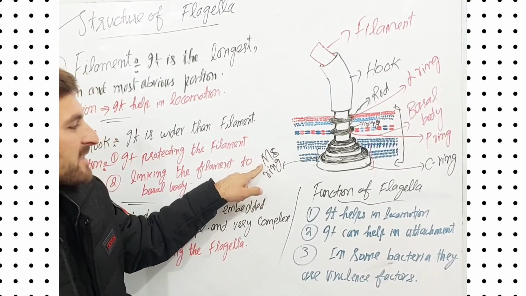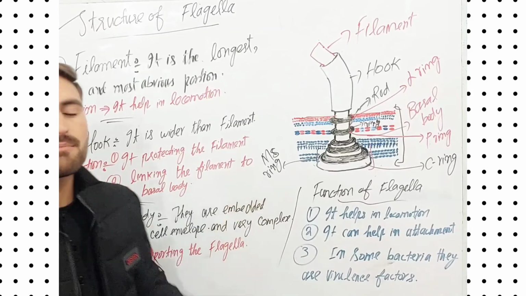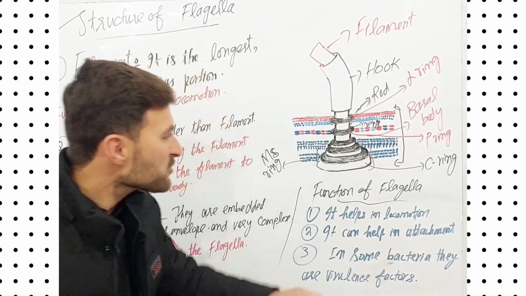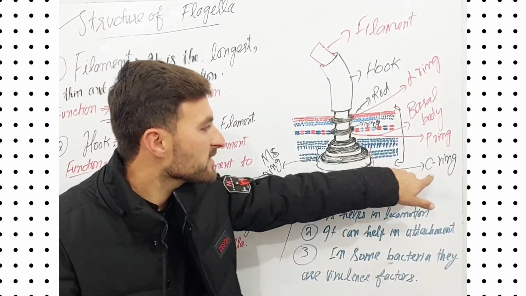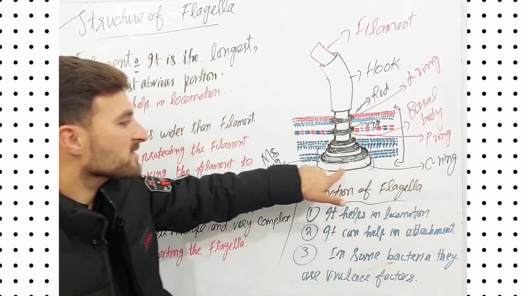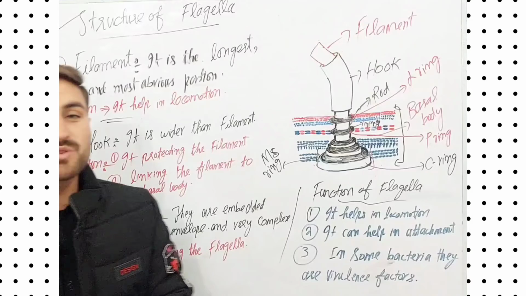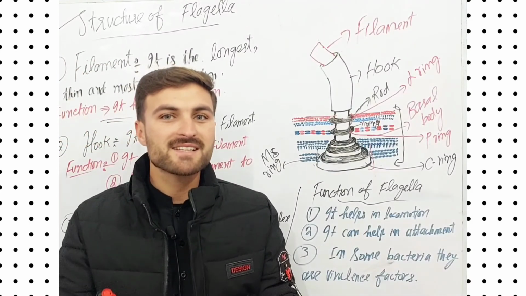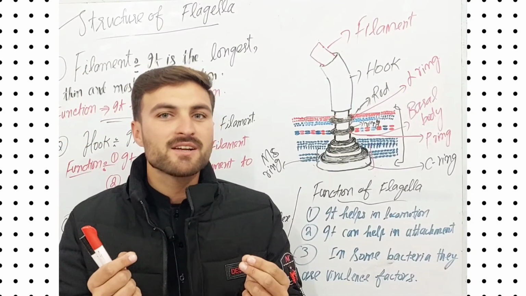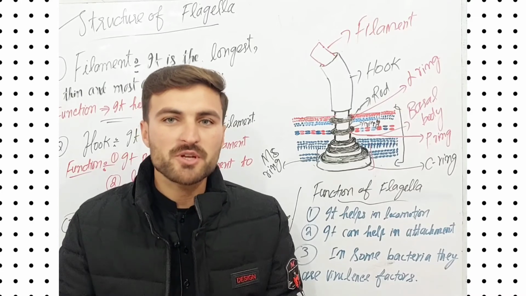The MS ring is in the plasma membrane, and the last one, the C ring, is toward the cytoplasm. So these 4 rings exist in the cell of gram-negative bacteria.